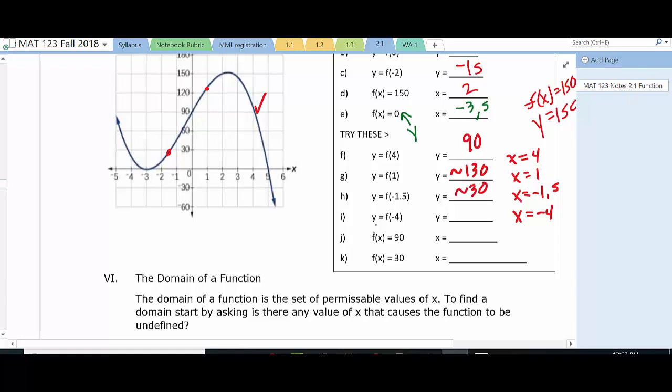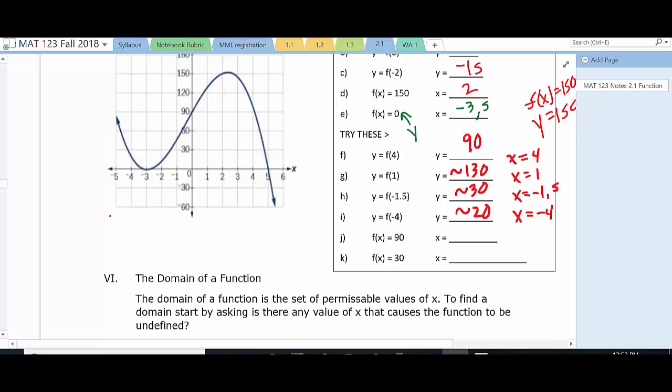Okay. And then the next one, if x is negative 4, what do you have there? 20 maybe, something like that. Okay, x is negative 4, looks like that's around 20. All right, I've got to be ballpark in that area. Then the next one is asking this backwards. So with this one, you're saying if y is 90, what is x?